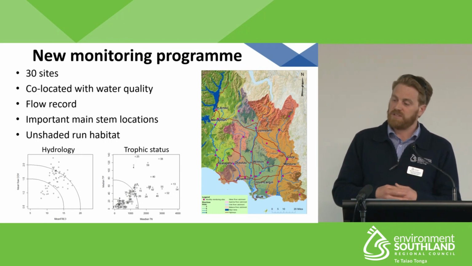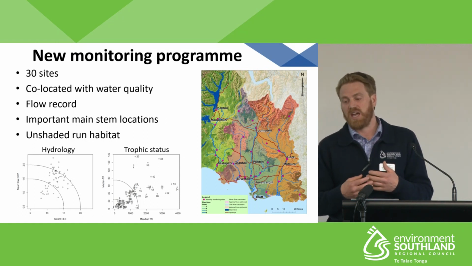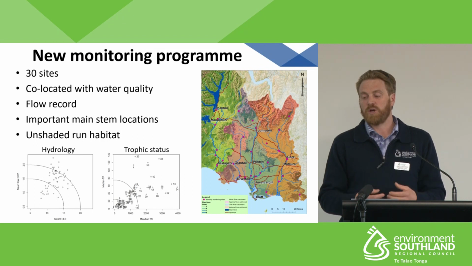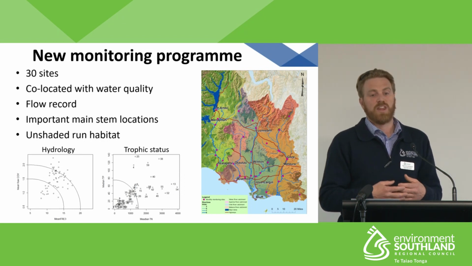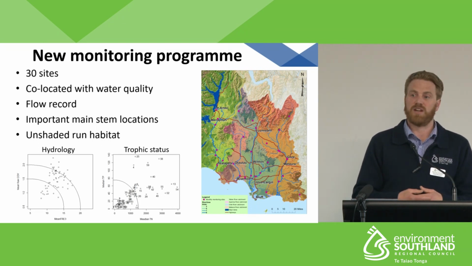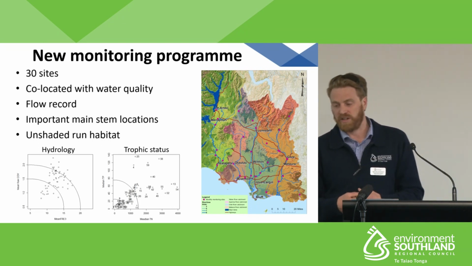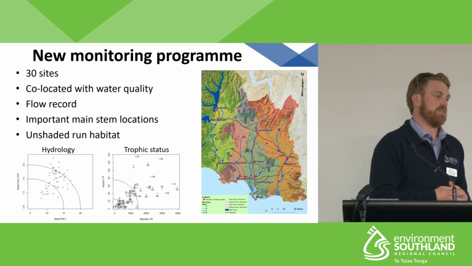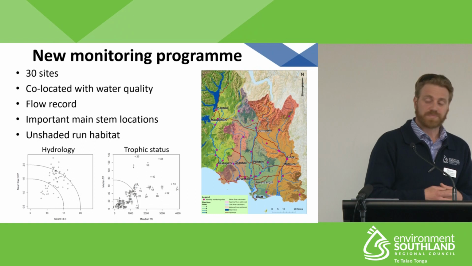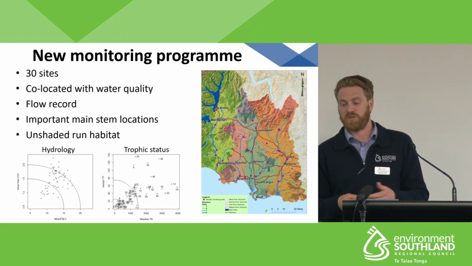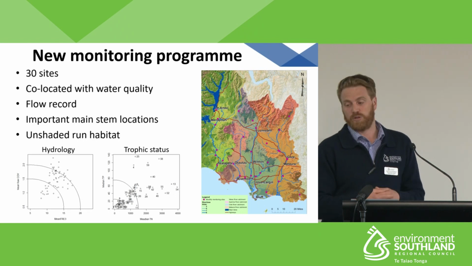So we've co-located with water quality sites, and in order to do that, we have chosen sites within our river network that cover two gradients of pressure that are important for periphyton growth. One, a hydrological gradient, essentially a measure of flushing frequency, and secondly, a measure of trophic status from oligotrophic through eutrophic.